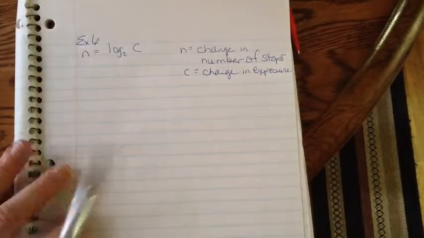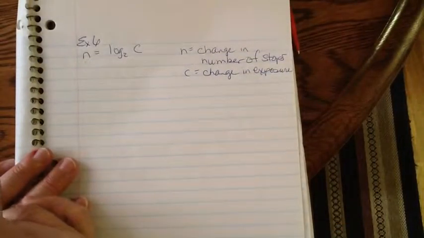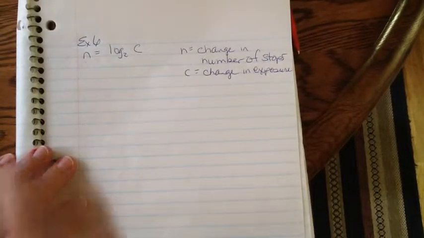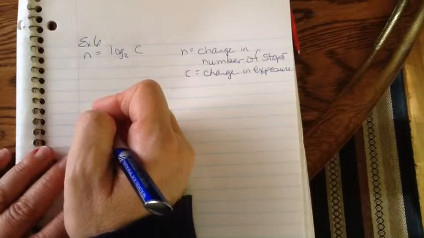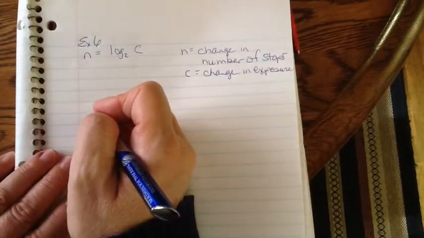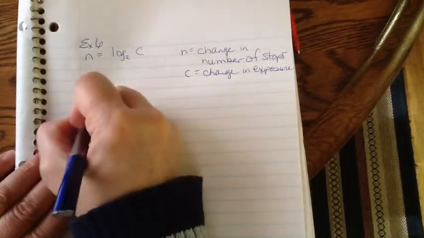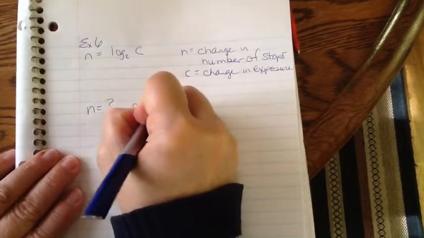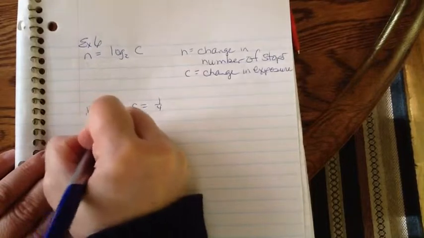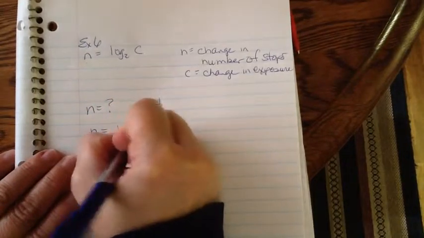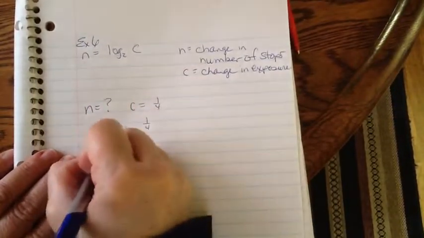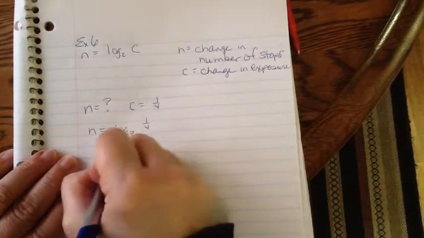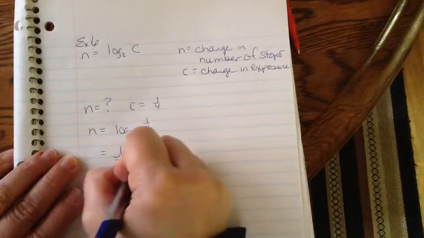So I summarized the information here. We want to find N, the number of stops, and the exposure C is 1/4. So what I have is N equals log base 2 of 1/4. Change of base says I'm going to take log of 1/4 over log of 2.